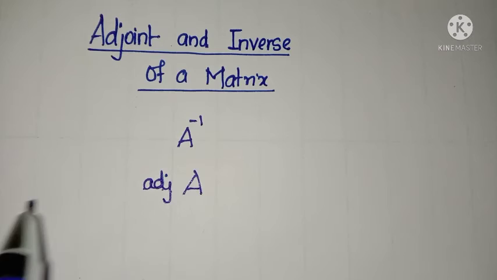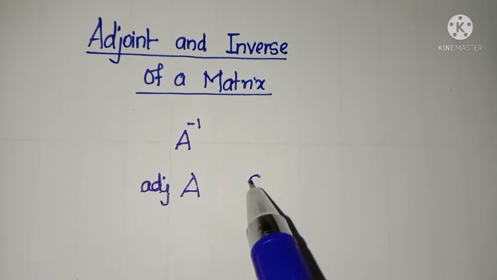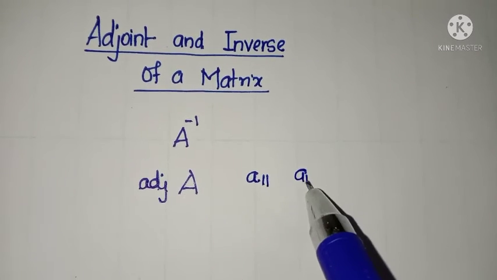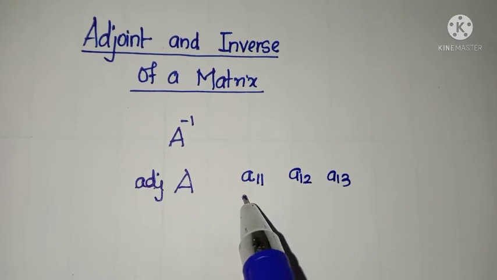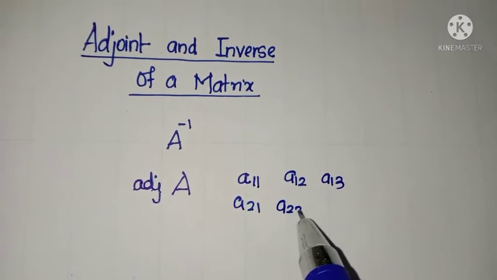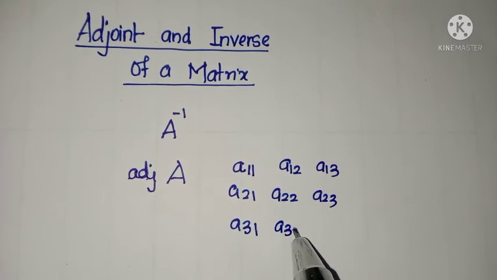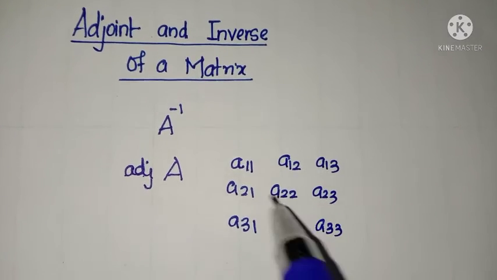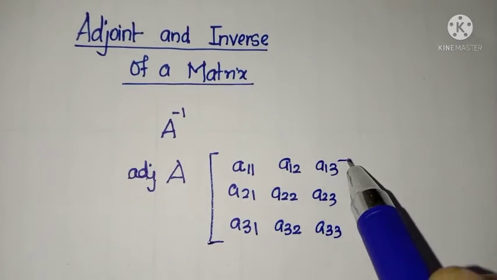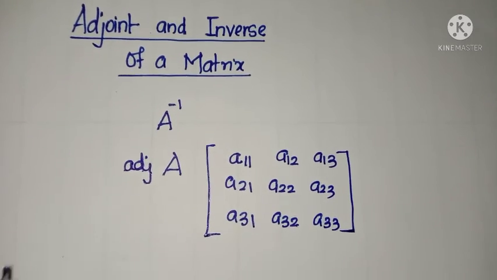Listen, suppose we have a matrix with rows a11, a12, a13, a21, a22, a23, a31, a32, a33, a 3 by 3 matrix. We want to find the inverse of this 3 by 3 matrix.